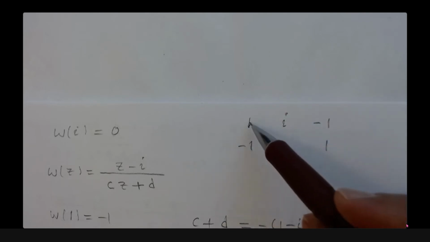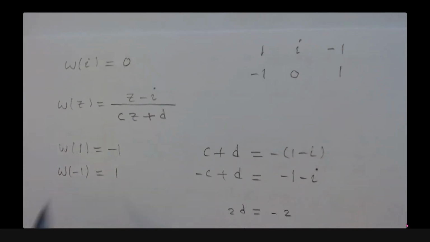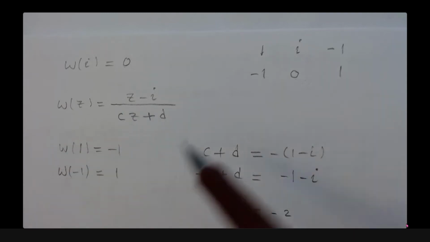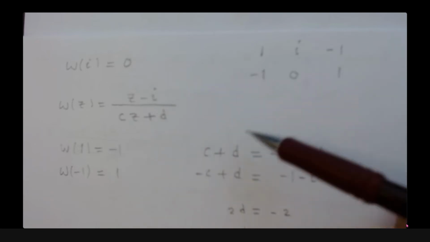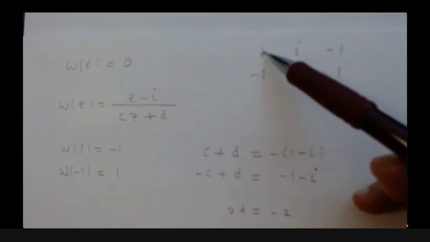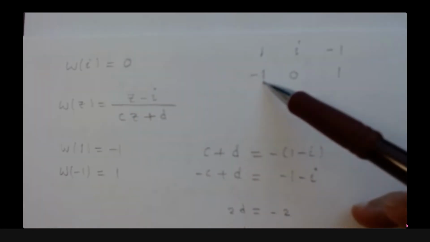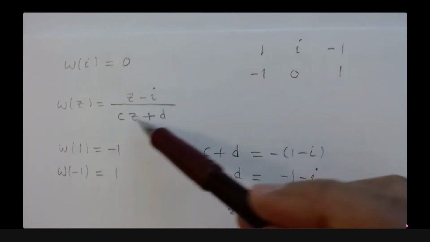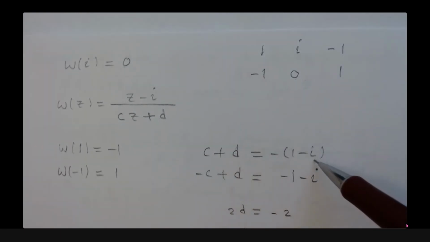How about using these two? W of 1 is -1, W of -1 is 1. If you plug 1 here, you want the output to be -1. So (1 minus i) over (C plus D) should be -1, which is this equation.